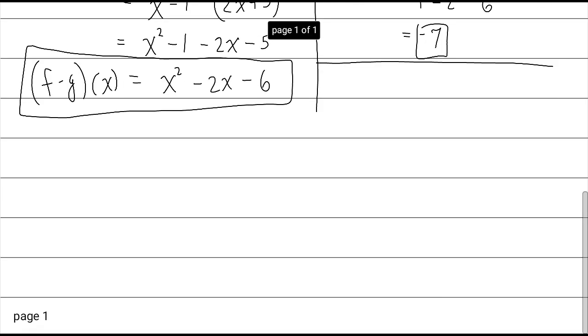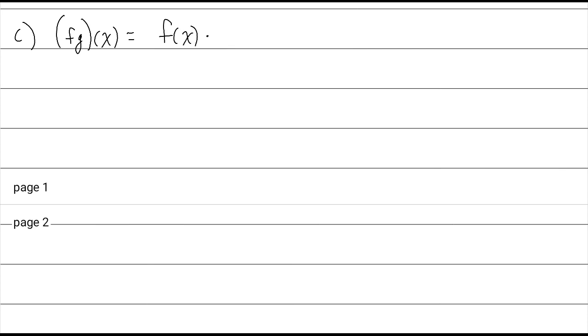All right, let's keep going. Part C. I'm gonna need another page in a second here. Part C, let's find f times g of x. Remember, that means f of x times g of x. And so that's going to look like x squared minus 1 times 2x plus 5. Let's go ahead and distribute to figure this thing out.